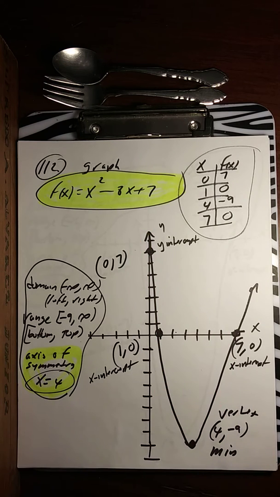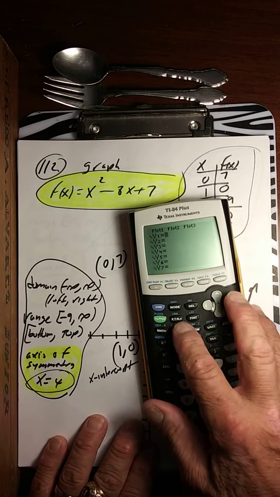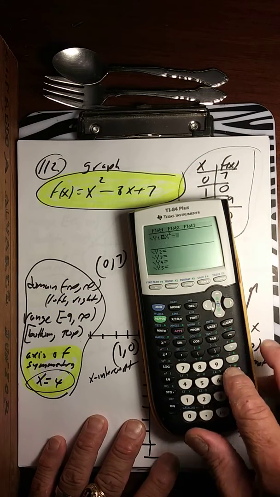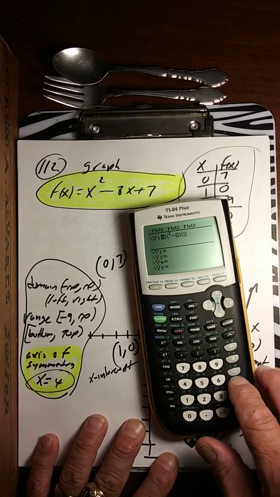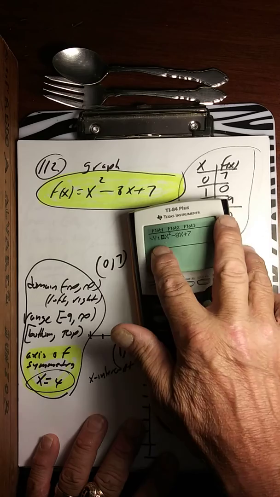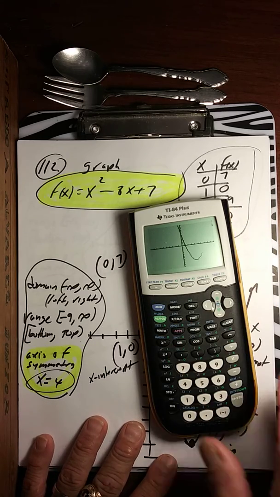Another graph. Let's put it in the machine, of course. Alright, let's see. X squared minus 8x plus 7. X squared minus 8x plus 7, hit graph. There it is.